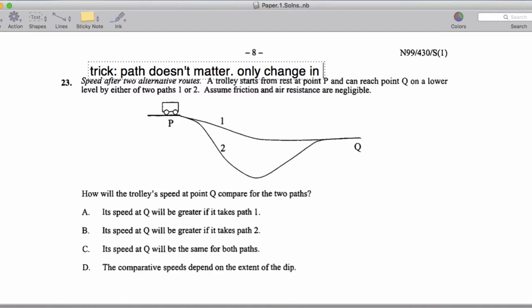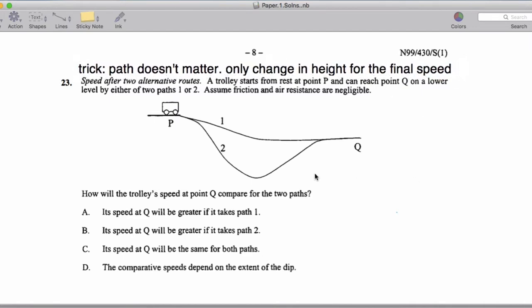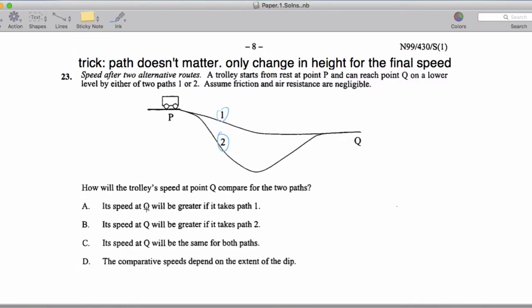Only change in height matters for the final speed. Now, there may be different times associated with the trip, but as far as speed goes, whether we take path 1 to get to Q or path 2, the speed will be the same. So that's question number 23.